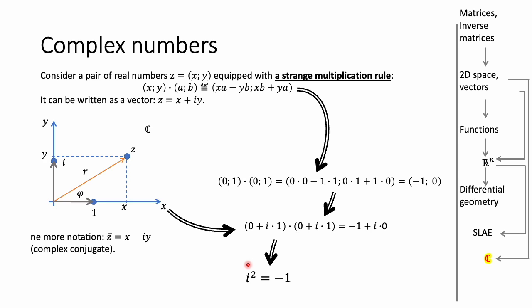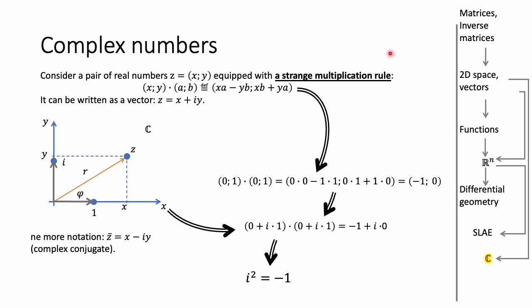Another concept associated with complex numbers is complex conjugation, and it's just the same complex number as the original one, but reflected with respect to the horizontal axis. So instead of being x plus iy, it's x minus iy, and it's denoted as z bar.